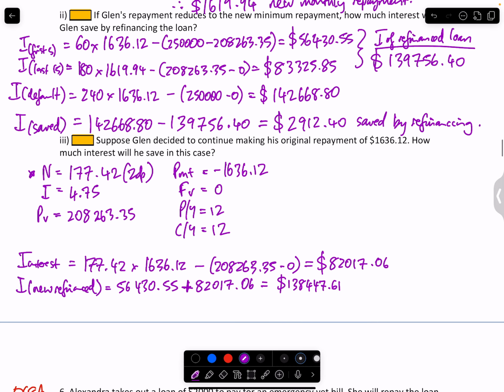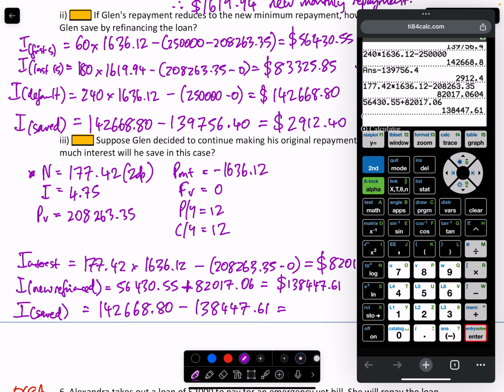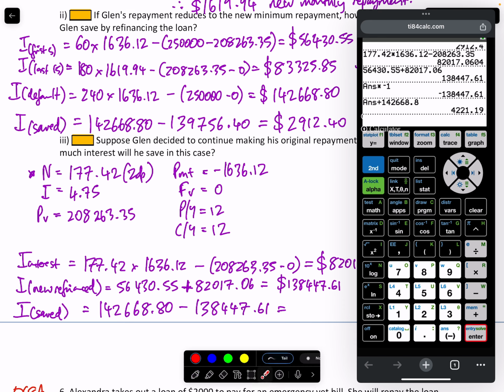So the interest saved by doing this technique is going to be $142,668.80, take away $138,447.61. I've already got that number in there, so I'm going to make it negative, and then add that to 142,668.80, which is the same working out as this, but just being smart about my algebra.